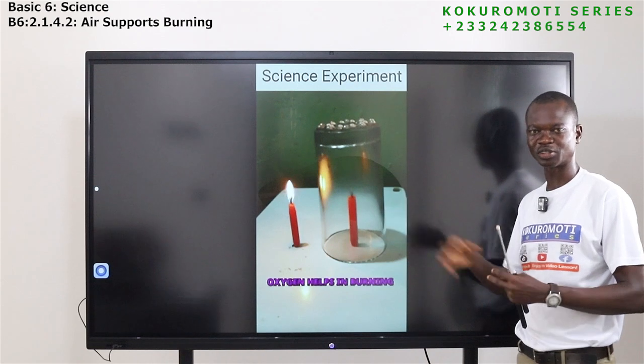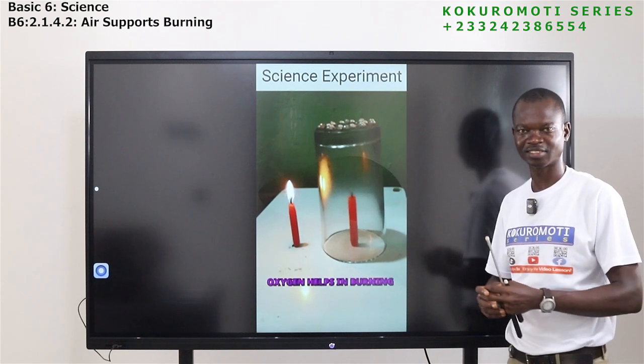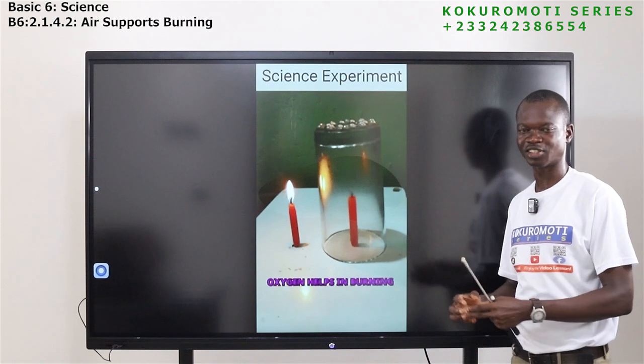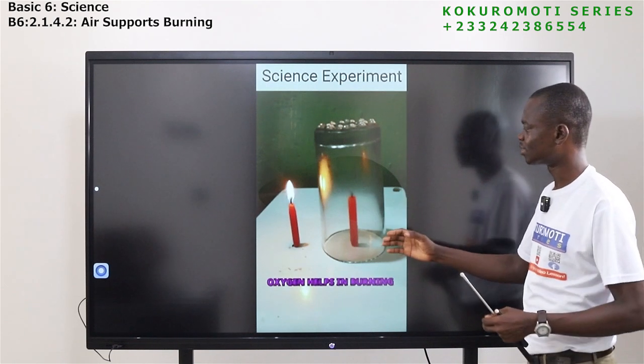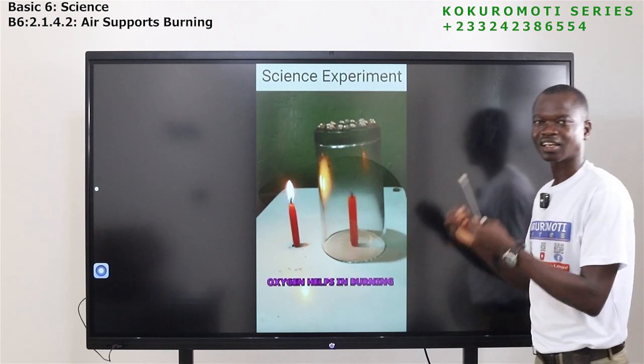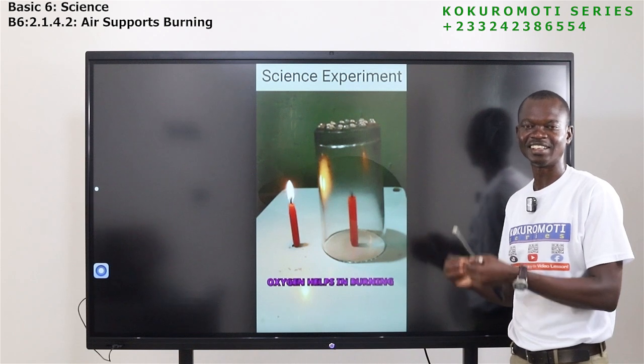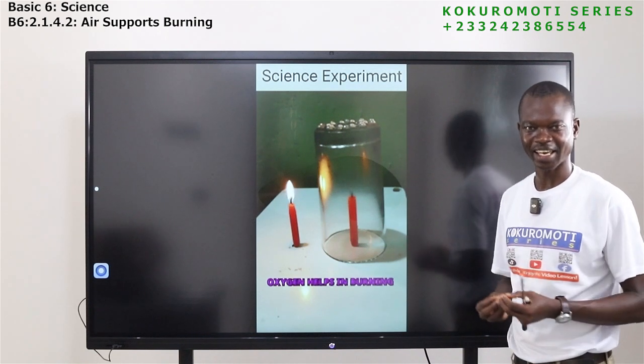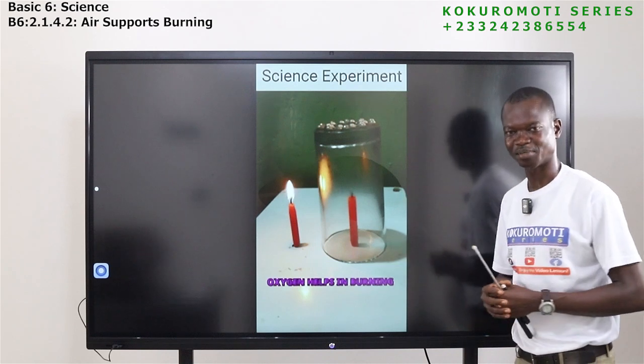The air that goes into it contains oxygen. The air that goes into it contains what? Oxygen. So it tells you that burning can happen if there is what? Oxygen. Without air, burning cannot take place.